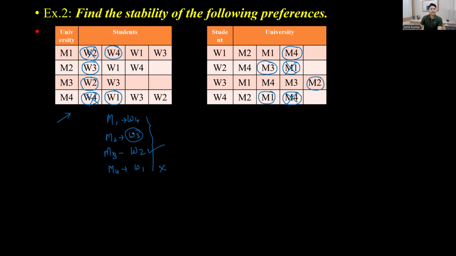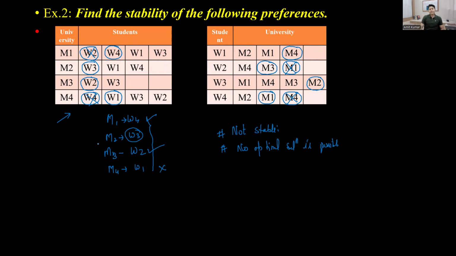W4 is with M1 and M1 is with W4. So now overall you can say all the matchings are not the same. So the problem is not stable. Not stable means what? As per the given preference, no optimal solution is possible.